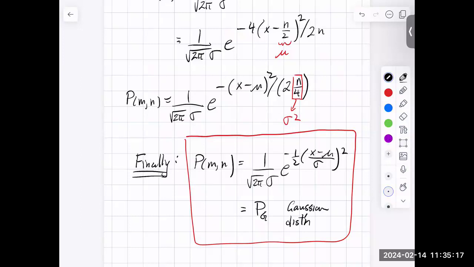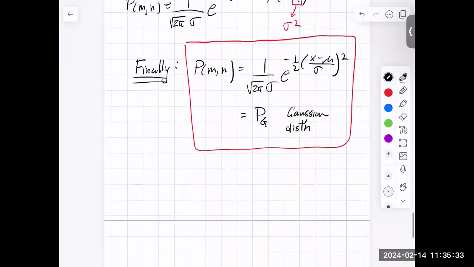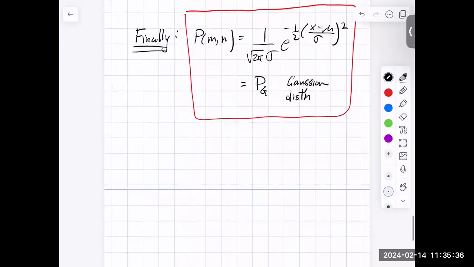And so that means your errors in your measurements are completely random. So you have the most likely value, and then it spreads out symmetrically on either side of that. Okay, good. So that's our Gaussian distribution.